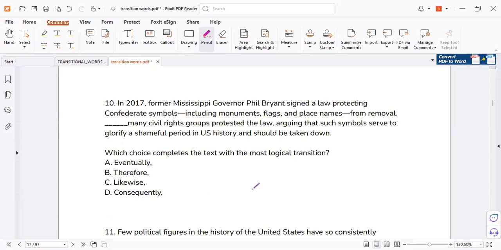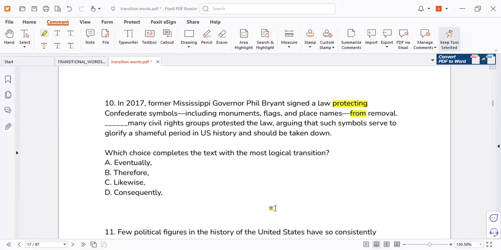In 2017, former Mississippi governor allowed. Therefore. So cause and effect.